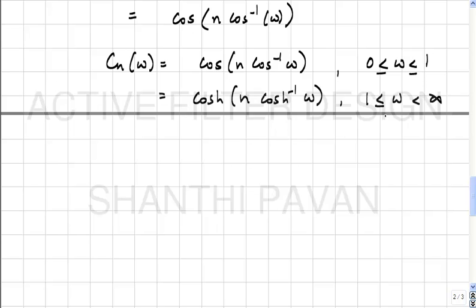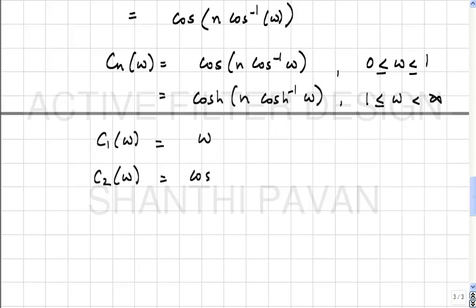This is clear. Okay. And though all of us may not be very familiar with expanding multiples of an angle of a hyperbolic cosine, for the real cosine we are all very familiar, right? For example, C1 of omega is nothing but cos of cos inverse omega. What is that? Omega. What is C2 of omega?